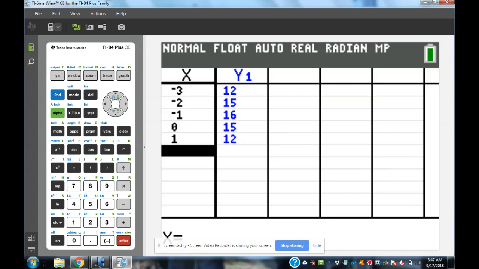So, still looking for what x value should I try to check? Now, if it's your window, you get graph.